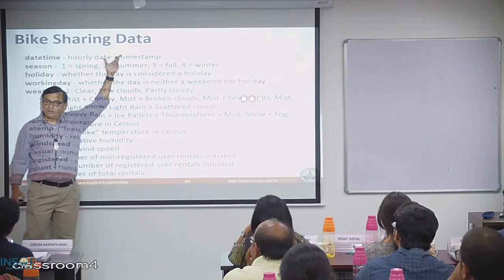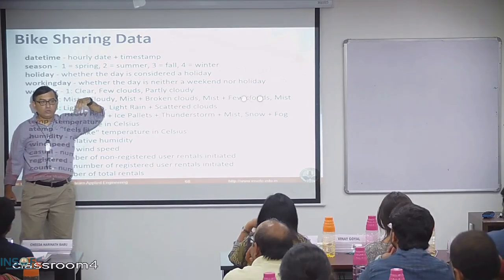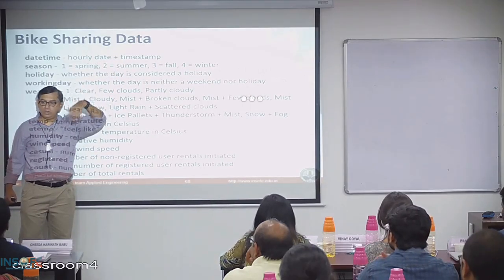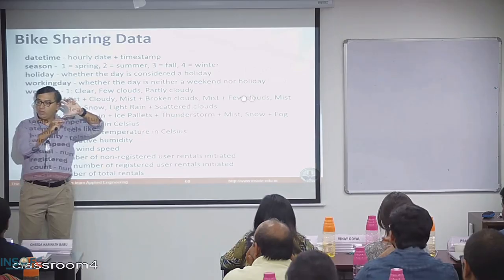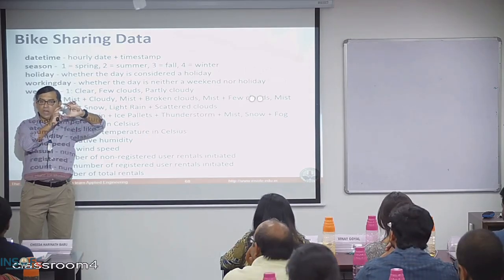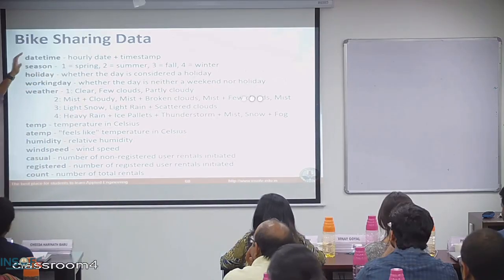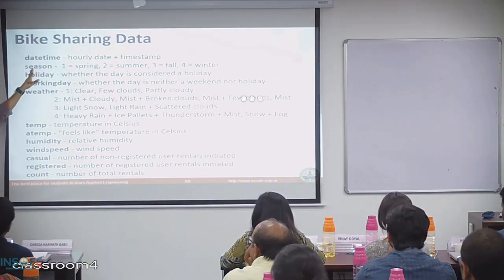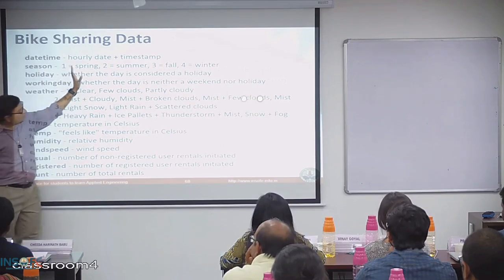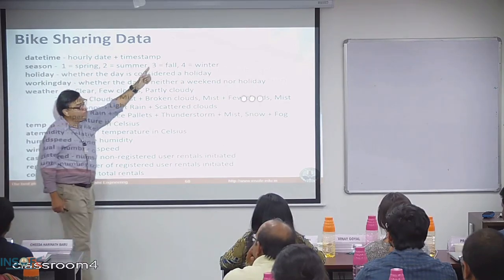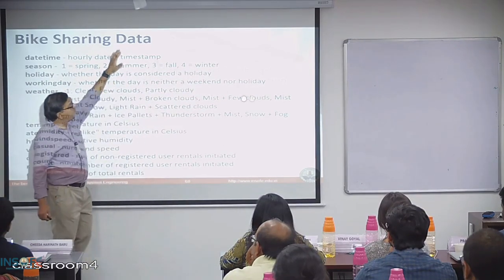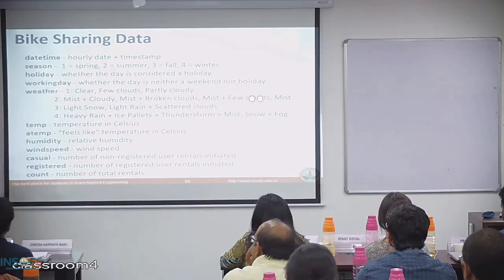Okay, and the timestamp is actually hourly, so it's at 1 o'clock, 2 o'clock, 3 o'clock. So what we really mean is that in that hour, how many bikes were rented is given. Season is given. That's as numbers 1, 2, 3, and 4, where 4 represents winter, 3 represents fall, 2 represents summer, and so on.